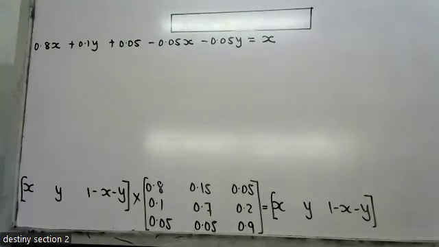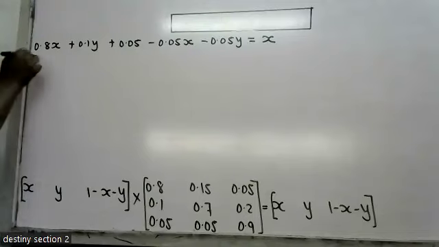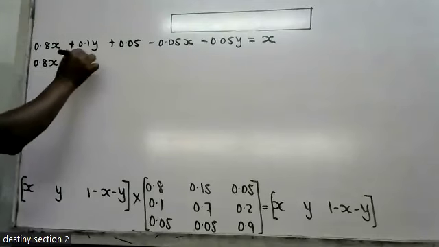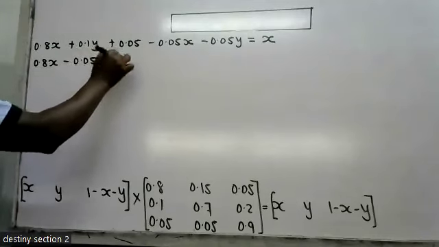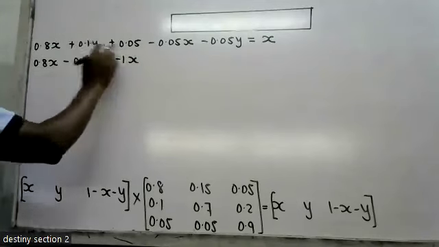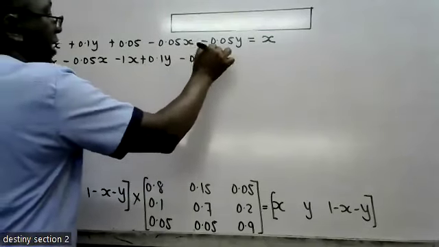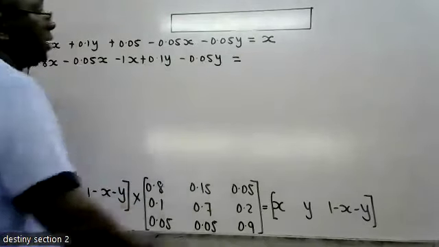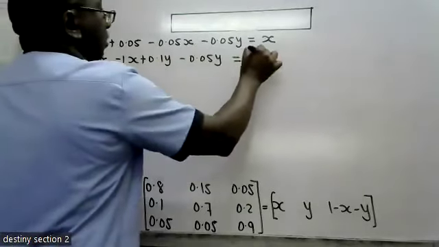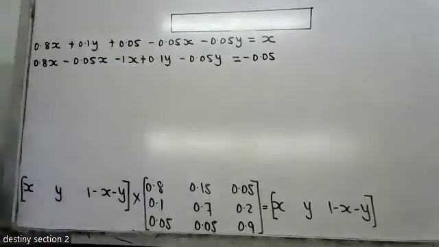Then from there, I put like terms together, 0.8x minus 0.05x minus 1x. Alafu hizi y is 0. So plus 0.1y minus 0.05y is equal to minus 0.05.